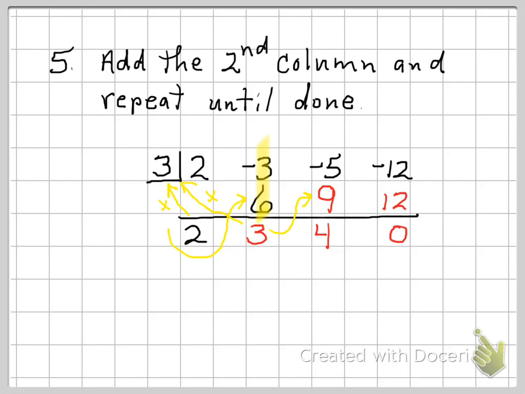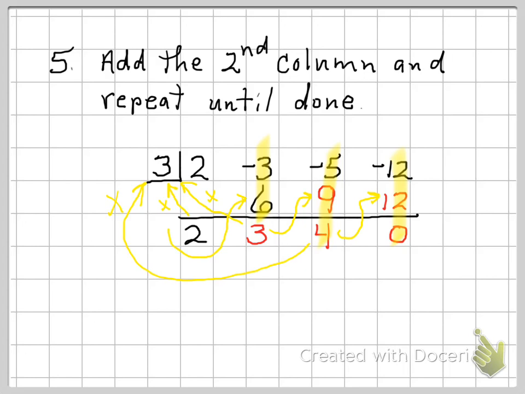Then negative 5 plus 9 is 4. Then multiply 4 times 3, place it in the next column, and add them together, and notice we get 0, which is really handy because, going back to our factor theorem, if we evaluate the function and the remainder is 0, then it's a factor.